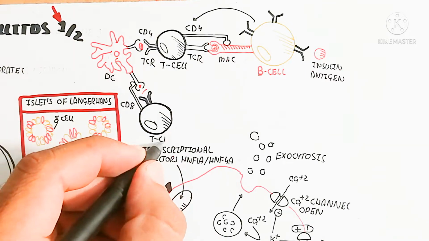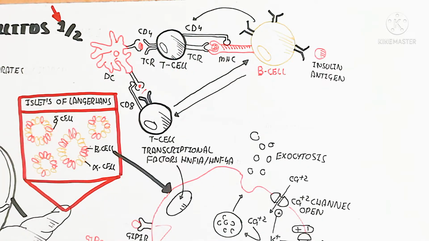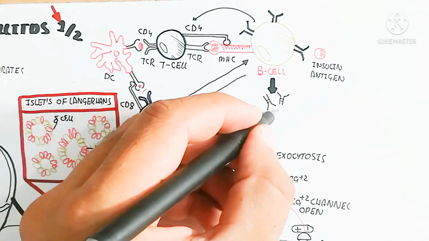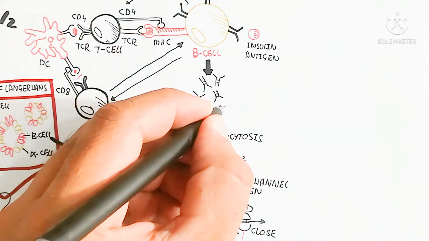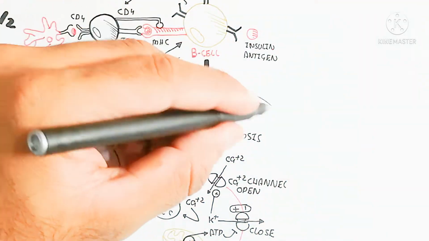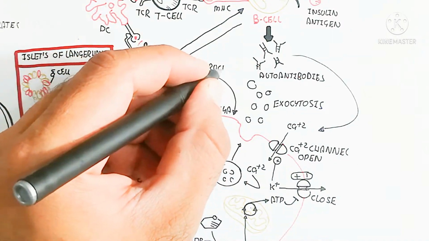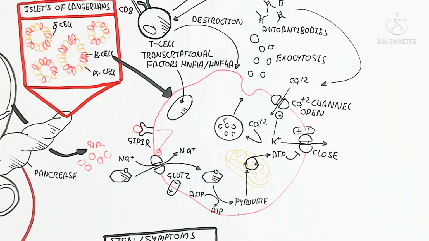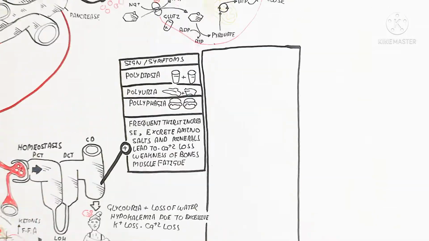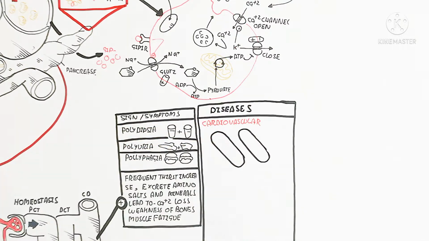This CD8 T cell will recognize, and after this the regulation, and in this way it will be recognized, and the destruction of that, and the B cell produces autoantibodies that bind with the beta cells of the pancreas and inhibit the activity of the beta cell, while the T cell is used for the destruction of the cell by a mechanism.